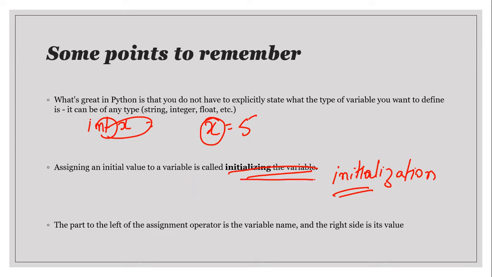That is initializing the variable. And the third thing is, the part to the left of the assignment operator is the variable name, and the right side is the value. So this is clear so far, that x will be on the left side, and it is the variable, and the value will be on the right side.